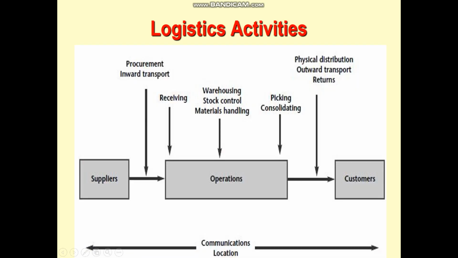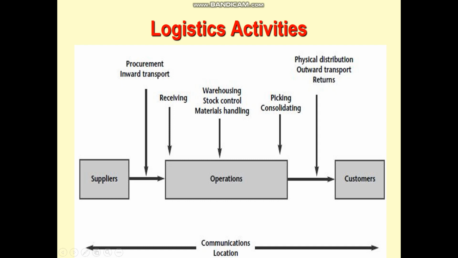You can see what kind of activities there are in logistics. We do procurement and transport, then receiving from the supplier. Supplier will deliver the products to the organization, then the organization will receive the products, then put them in a warehouse to stock. Then here is the step for material handling.